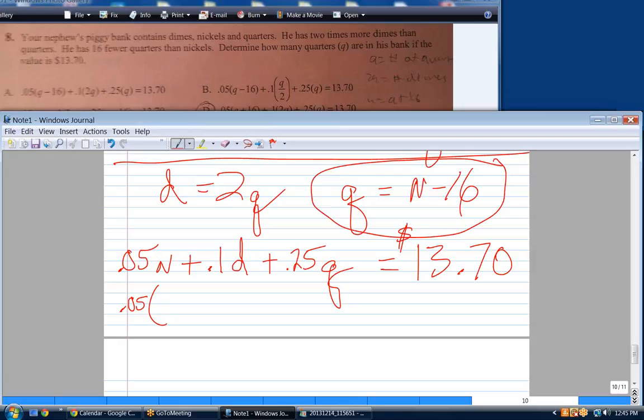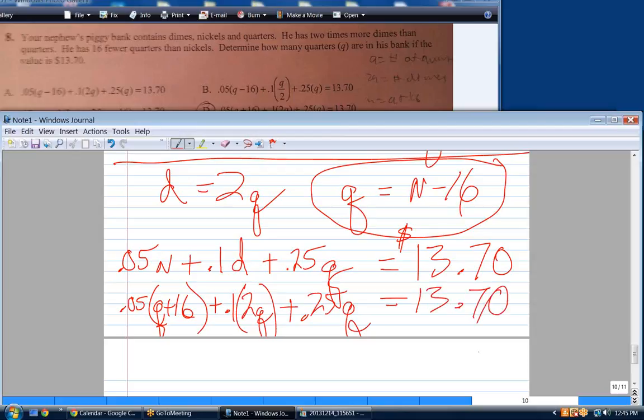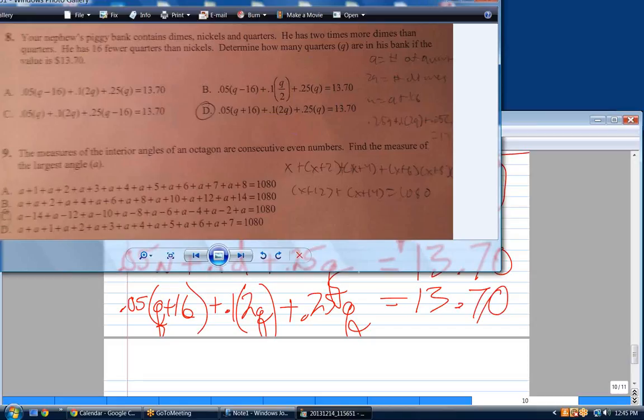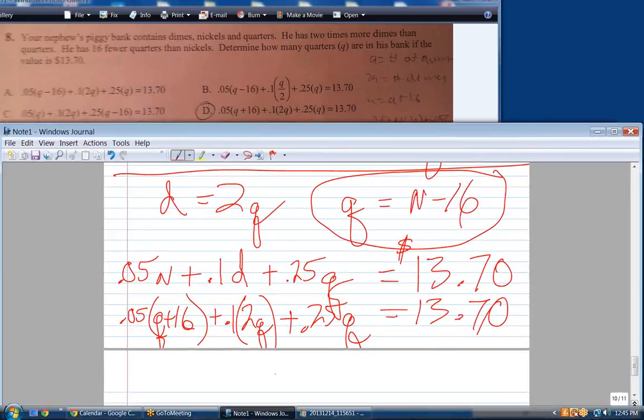For N, you just do Q plus 16. And then for D, we want to put in terms of Q. 2Q. So now we have one equation and one variable. And let's see what matches. Let's see if that fits our answer.